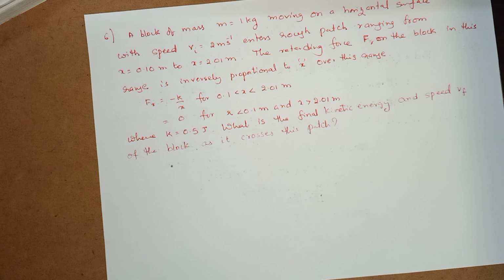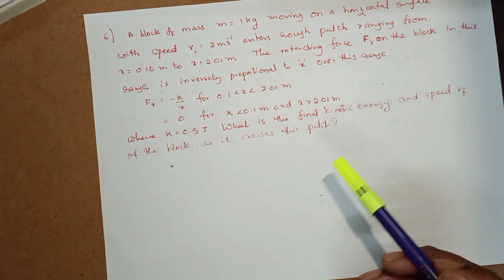This is another problem. We need to find the final kinetic energy using the work energy theorem. Here the function is given where F of r is equal to minus k by x.